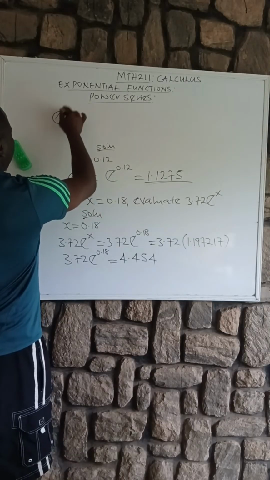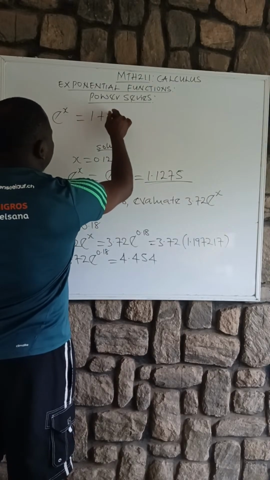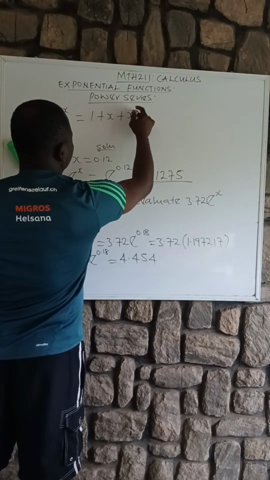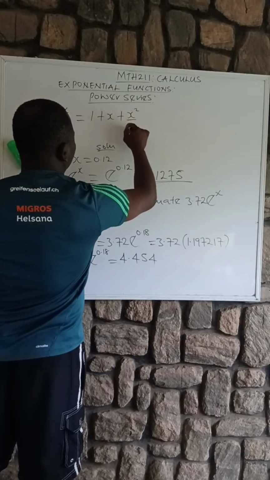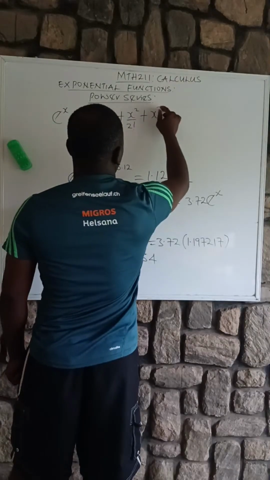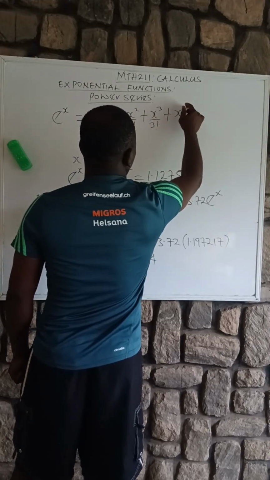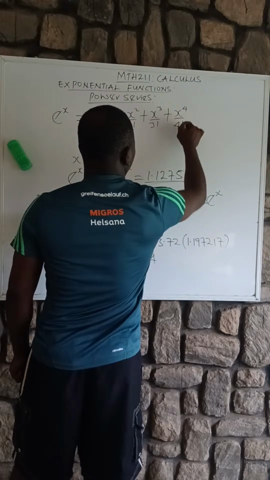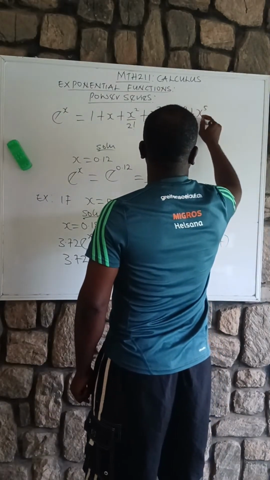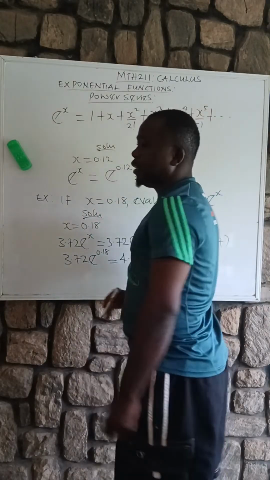This exponential x is always in this form: 1 plus x plus x raised to power 2 all over 2 factorial plus x raised to power 3 all over 3 factorial plus x raised to power 4 all over 4 factorial, then plus x raised to power 5 all over 5 factorial, and so on.